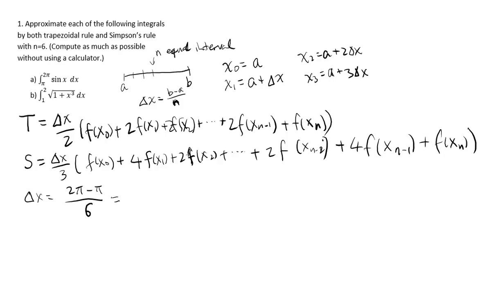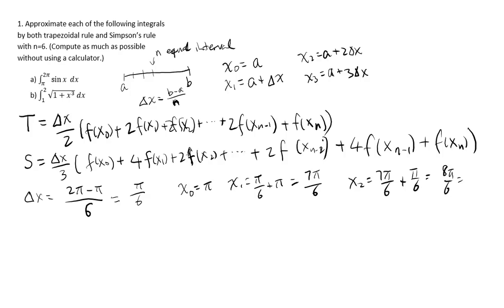Okay, so what do we have here? 2 pi minus pi is pi, and you divide by 6, so that's your delta x, which tells you that since you're starting with pi, x1 would be pi plus pi over 6, which is 7 pi over 6. x2 would be 7 pi over 6 plus pi over 6 yet again, and that would be 8 pi over 6, which you can reduce to 4 pi over 3. x3 is 4 pi over 3 plus pi over 6.